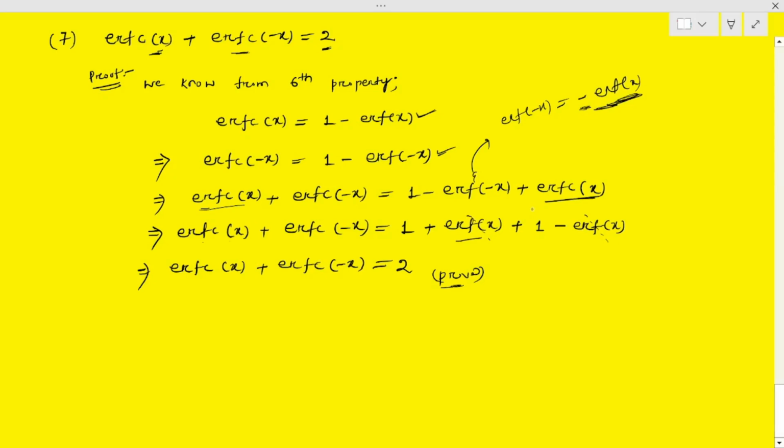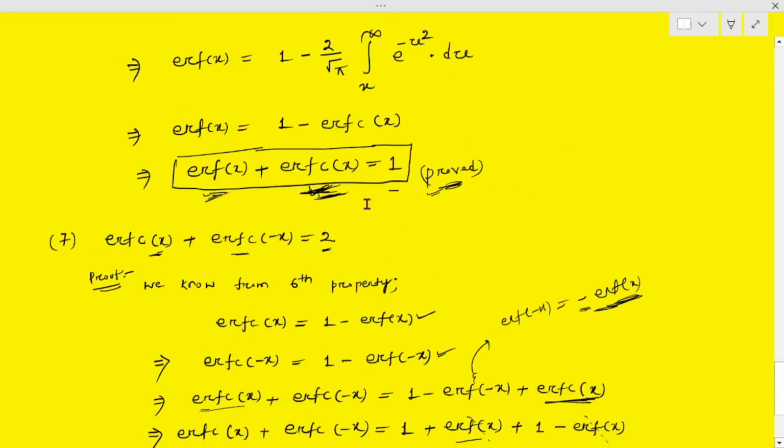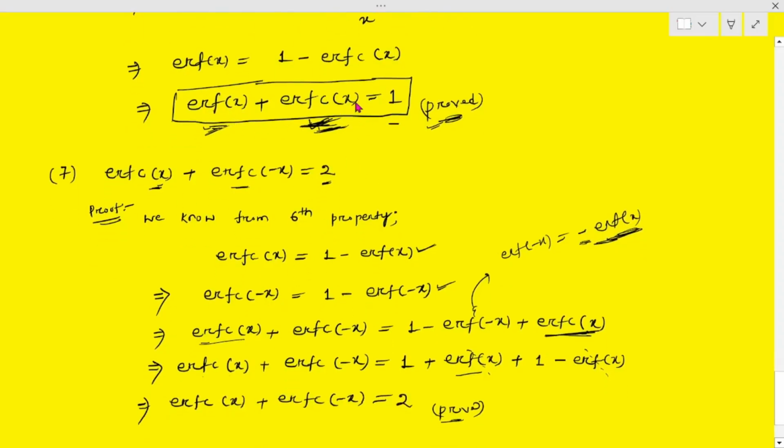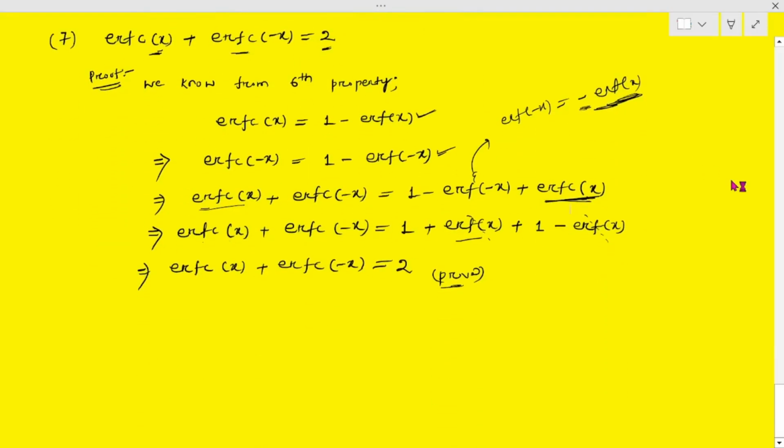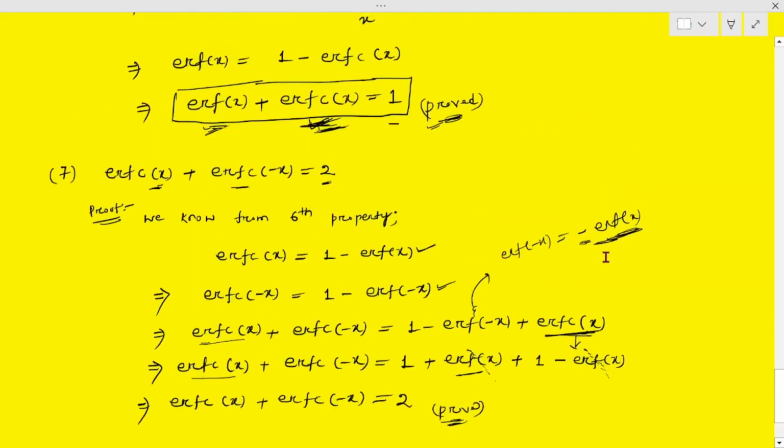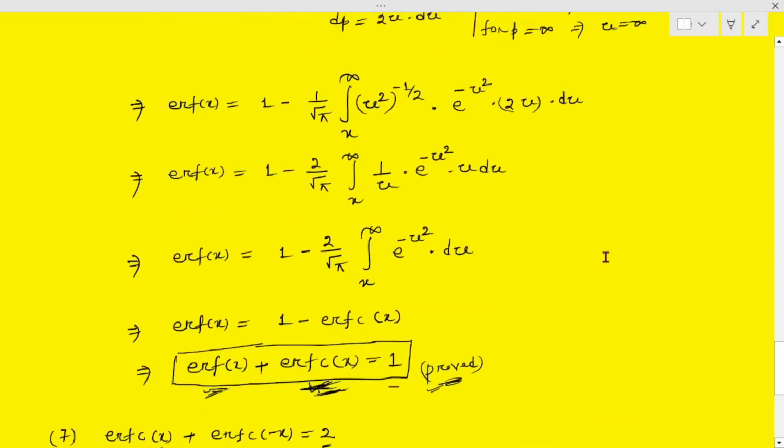Here according to the sixth property, complementary error function of x is nothing but 1 minus error function of x. So here error function of x and here error function of x both cancelled, and we found complementary error function of x plus complementary error function of minus x equals 1 plus 1, that is 2. Hence proved.